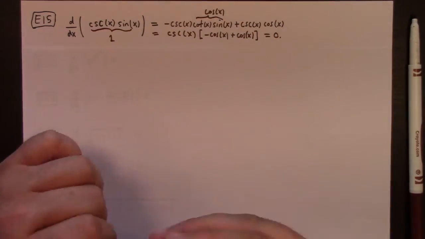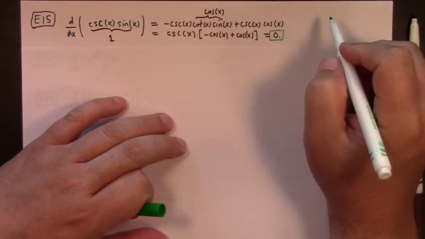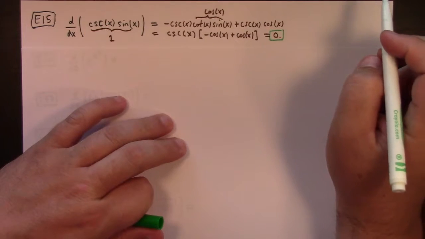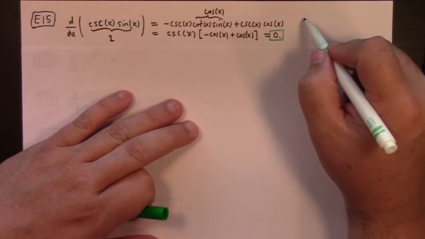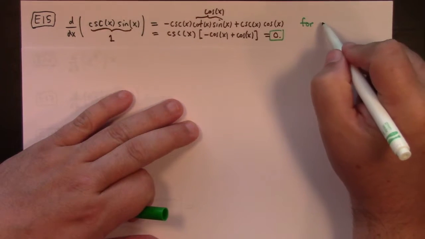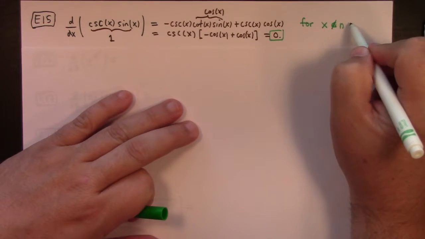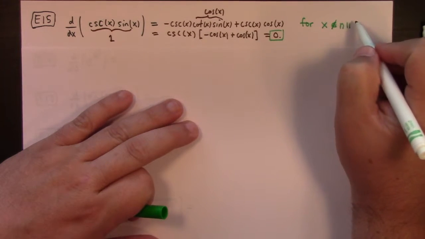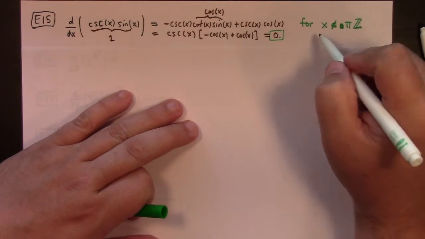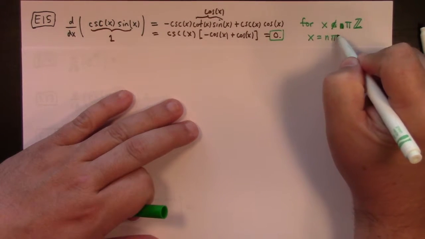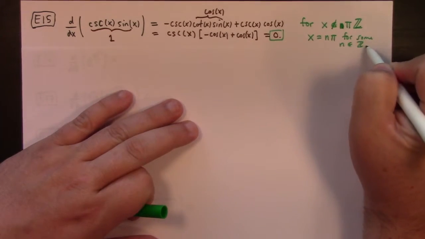Now, that's mostly true, but it should be qualified. I mean, if I'm going to be pickier, and I haven't been generically that picky through these examples, but to be careful, I should really qualify this and say that that's only true for x not equal to n pi for some n in the integers, right?